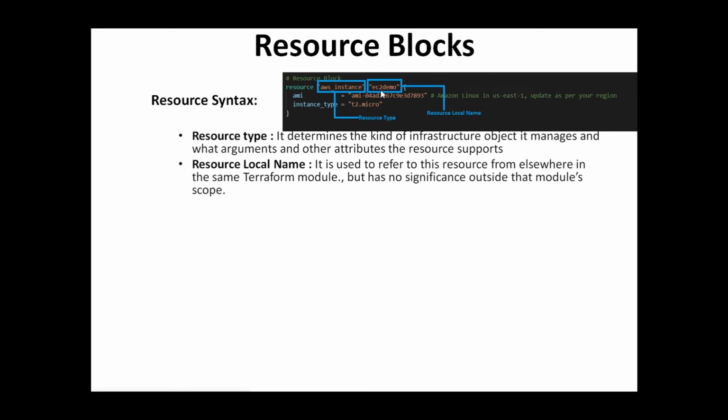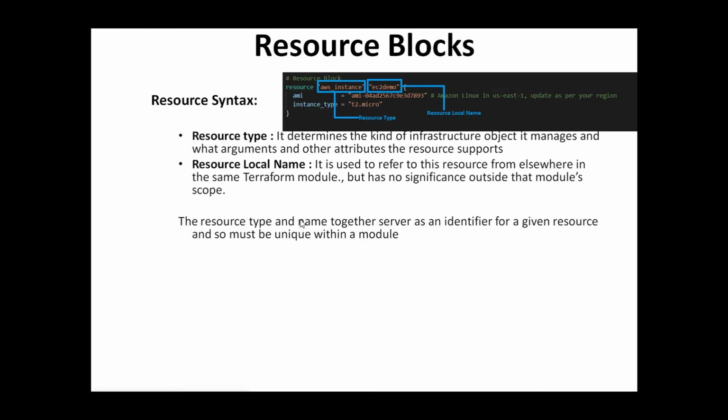It is used to refer to this resource from elsewhere in the Terraform module but has no significance outside that module's scope. The resource type and name together serves as an identifier for a given resource and so must be unique within a module. Resource local name plays a key role in the entire Terraform.